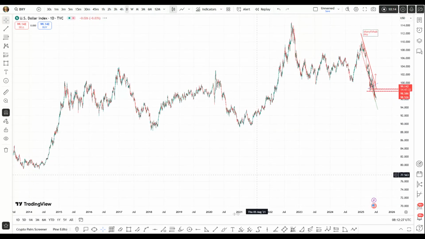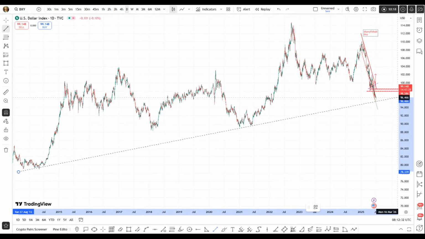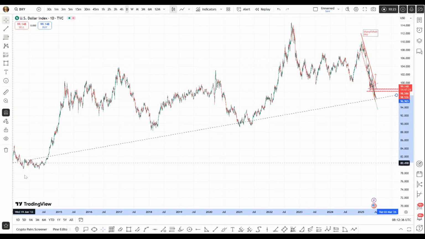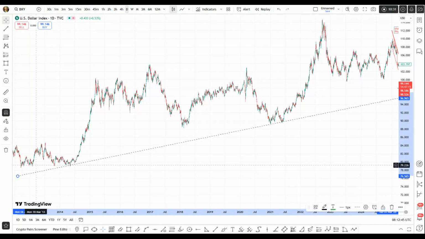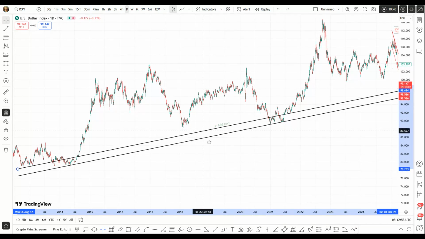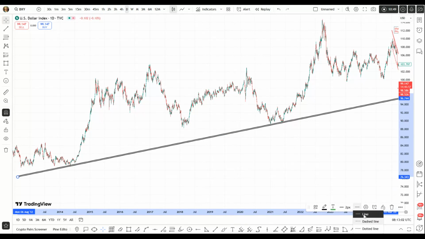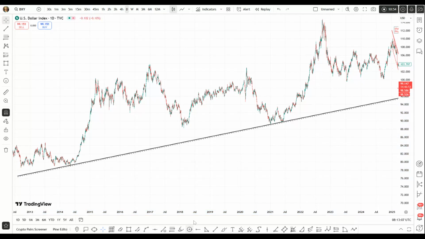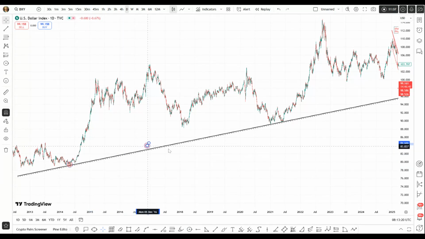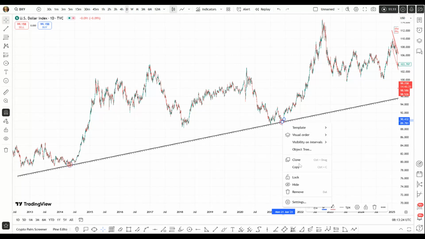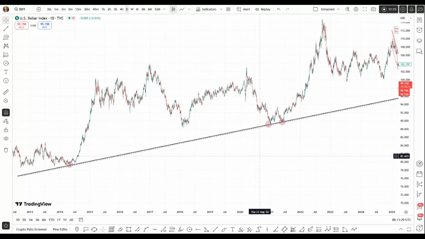On a daily time frame, you have a trend line. So we have 3 points giving us an ascending trend line.